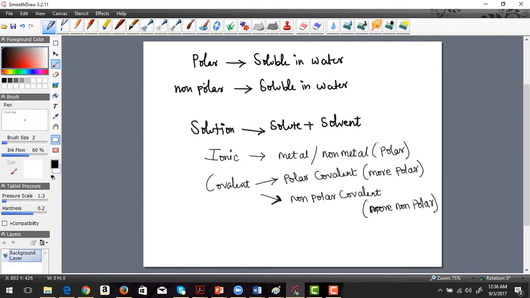So ionic compounds are more polar, they're immediately soluble in water, because like dissolves like. Water is polar. So, if your solvent is polar, your solute has to be polar. If your solvent is nonpolar, then your solute has to be nonpolar. Let's write that down.